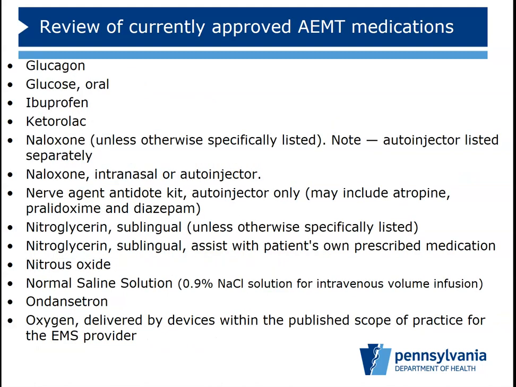Glucagon, oral glucose, ibuprofen, ketorolac, Narcan, not otherwise listed above, Narcan IN or auto injector, a nerve agent antidote kit that could include atropine, pralidoxime, or diazepam, your various nitros, nitrous oxide if you so choose to, your isotonic solution of normal saline, your Zofran, your oxygen.